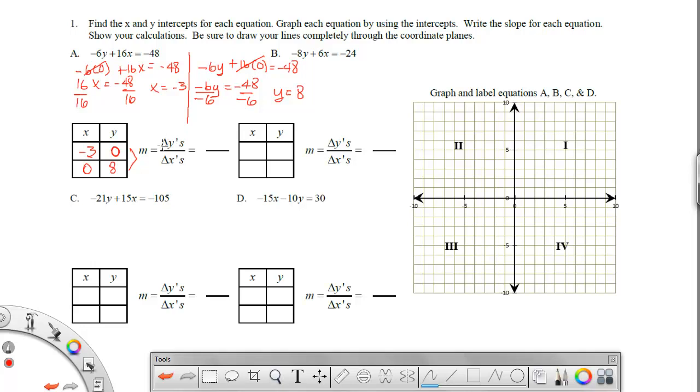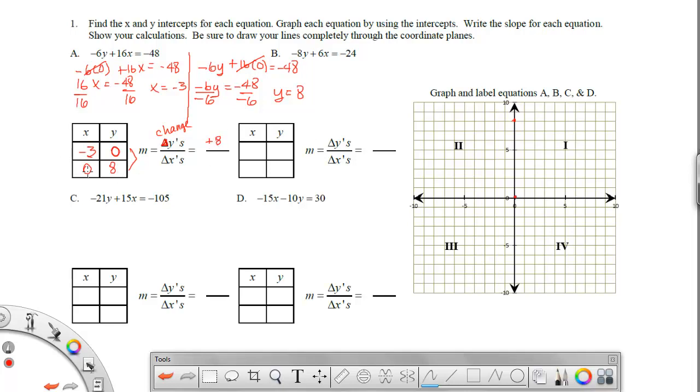That is a delta symbol. Delta in the Greek alphabet means change. So the change in the y's is from 0 to 8. Well, that's going up on the number line. So if I'm at 0 and I go up 8, that's 8 in the positive direction, so that slope will be 8.